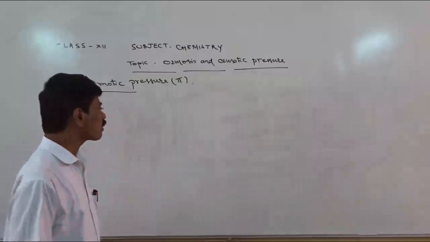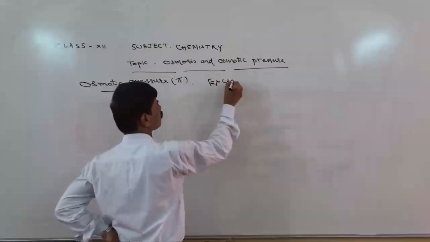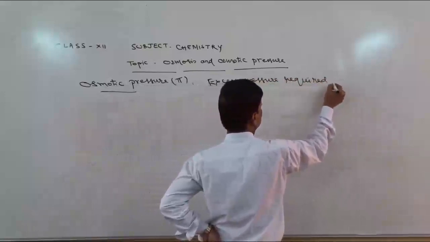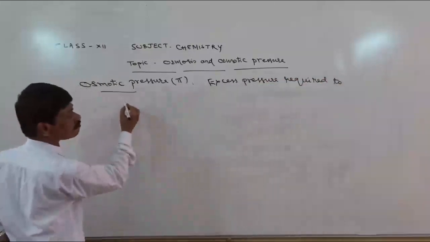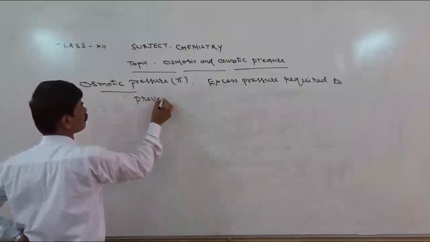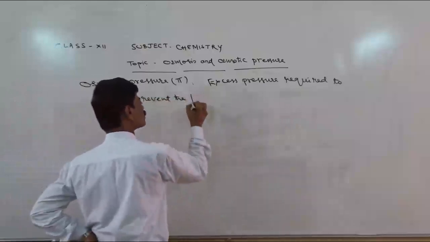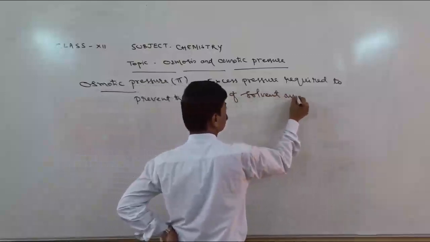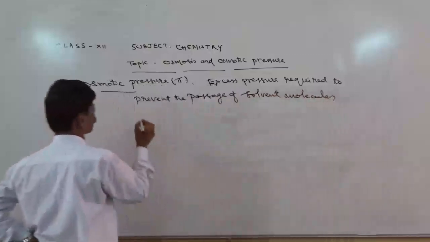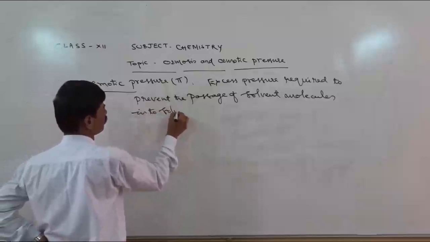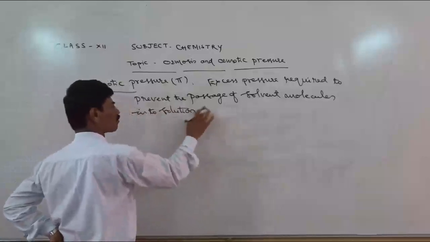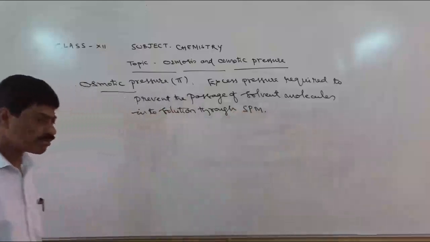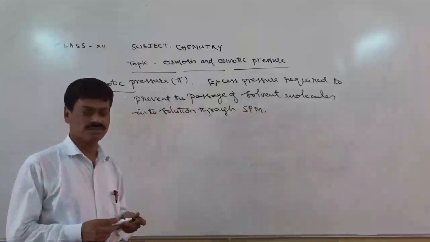It is defined as the excess pressure required to prevent the passage of solvent molecules into solution via SPM, that is semi-permeable membrane. This excess pressure can be in the form of weight also, right?